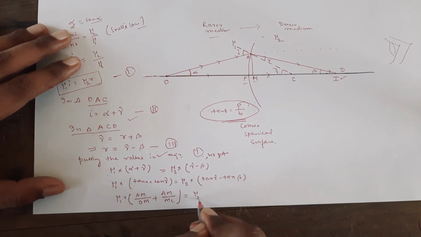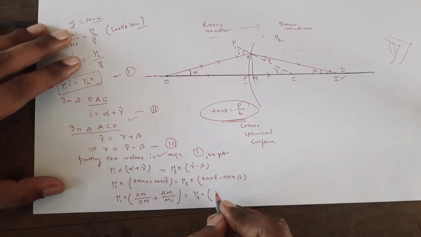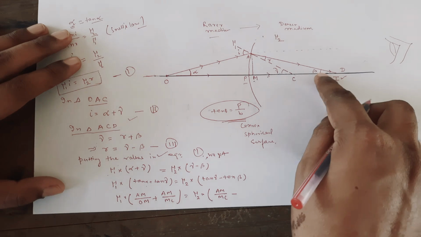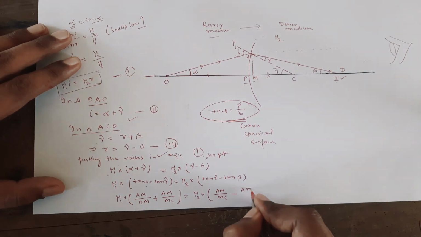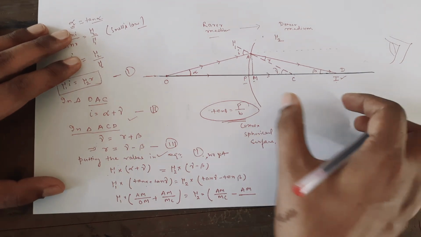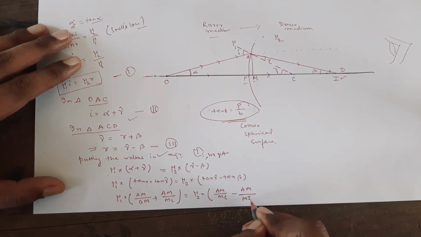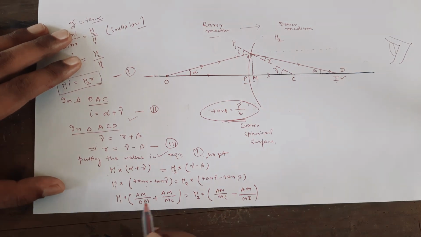Similarly, tan gamma is AM divided by MC, minus tan beta, which is AM divided by MI. So in the numerator AM is common.